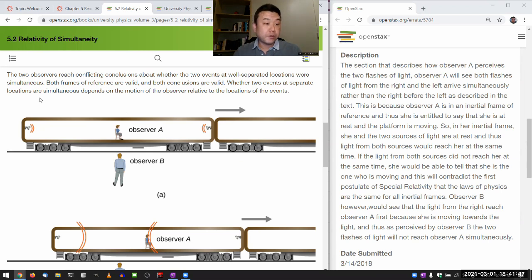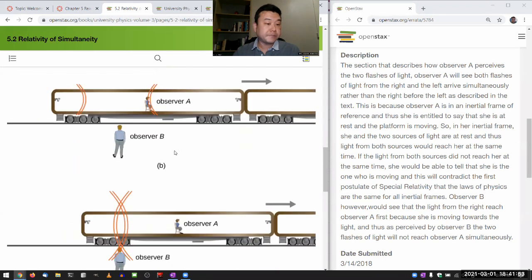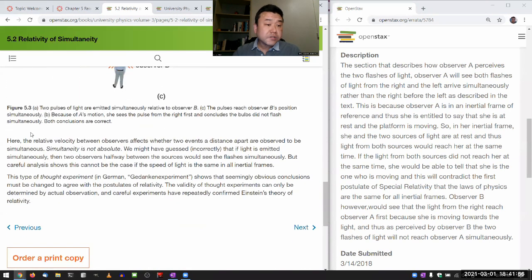Whether two events at separate locations are simultaneous depends on the motion of the observer relative to the locations of the events. Here, the relative velocity between the observers affects whether two events a distance apart are observed to be simultaneous. Simultaneity is not absolute.